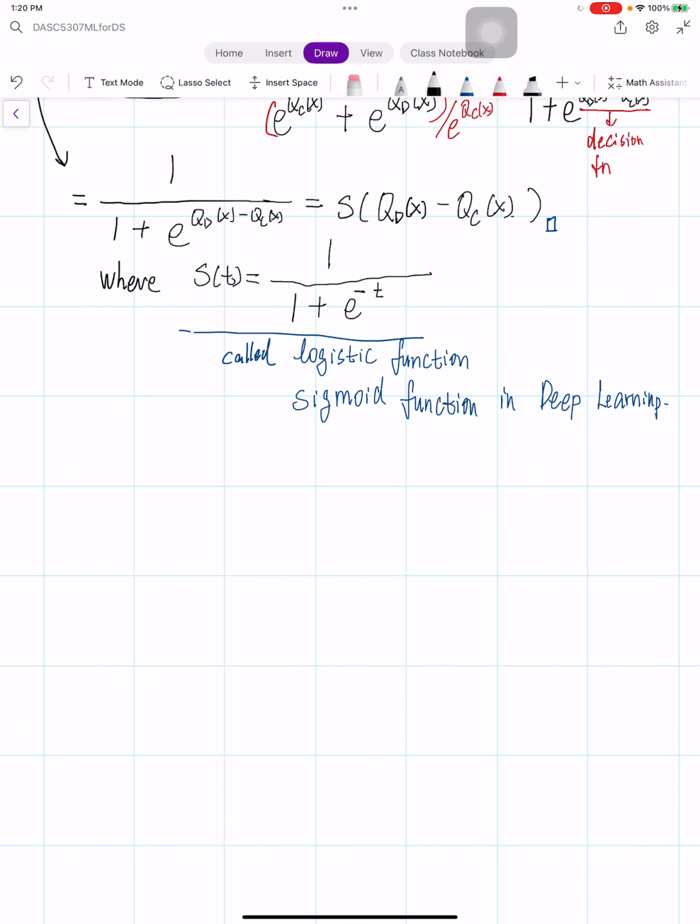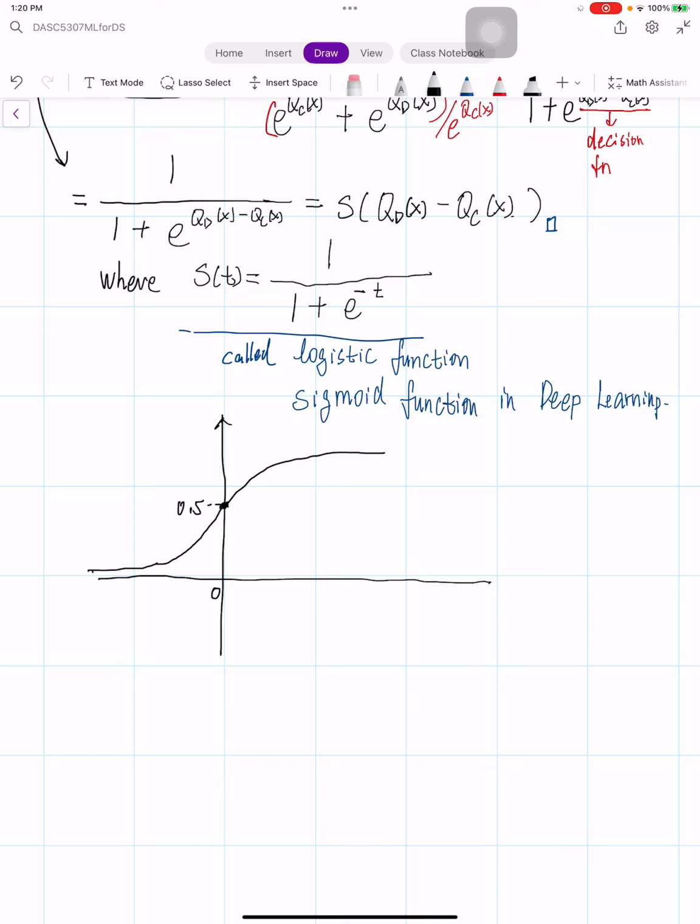So for the logistic function, you can plot this function along the x-axis. This function will have an S shape. When t equals 0, this equals 0.5.